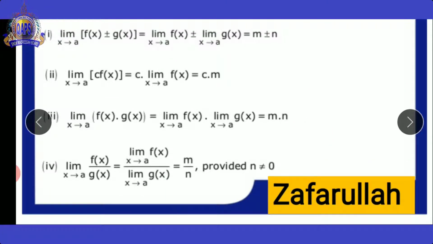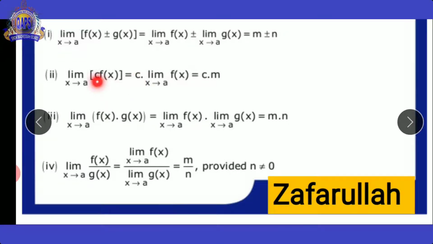Now the second property is that when the limit is the same, x approaches a, and there is a multiple by a constant number to the function, c f of x, where c is a constant number. Then when we apply the limit to the function, we take the constant number common.